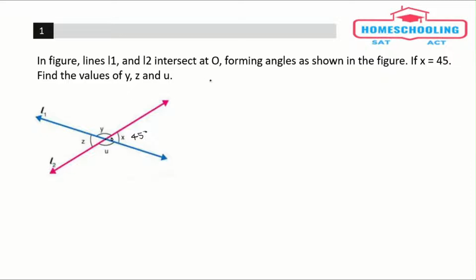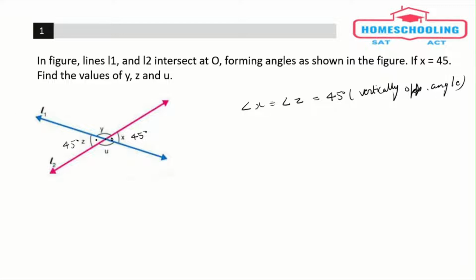First we know that angle X equals angle Z, which would be 45 degree, because they are vertically opposite angles. So this would be 45 degree.